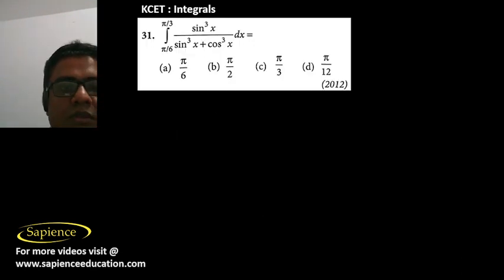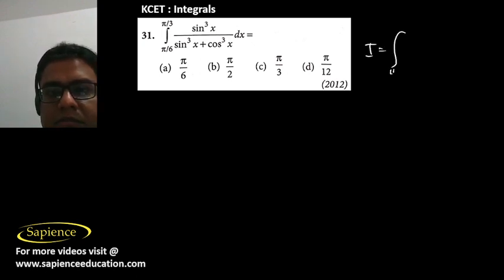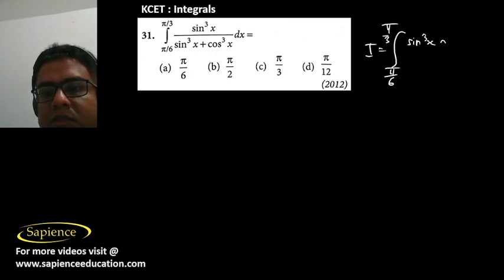Then in question number 31, it is told to find the integral from pi by 6 to pi by 3 of sine cube x dx divided by sine cube x plus cos cube x.